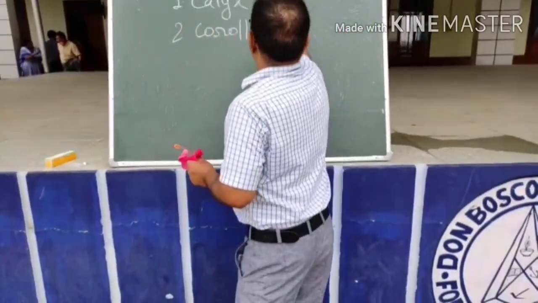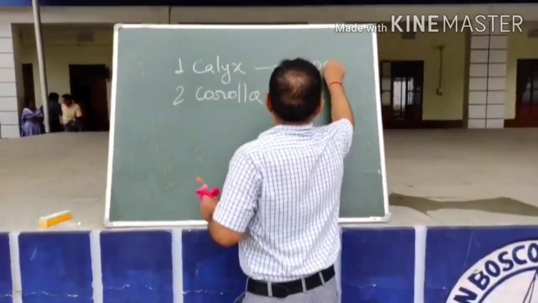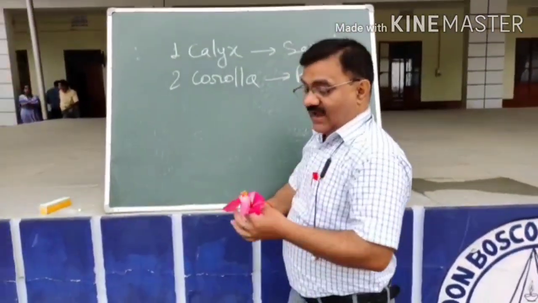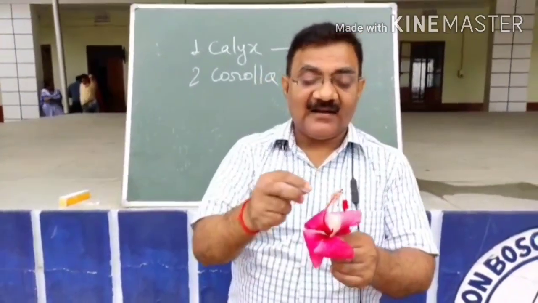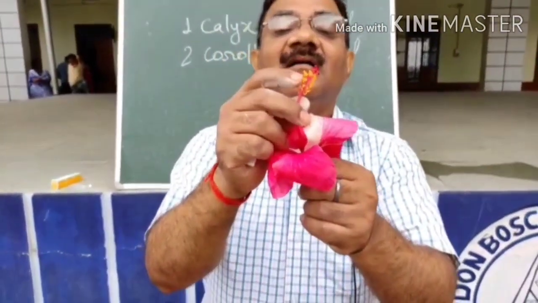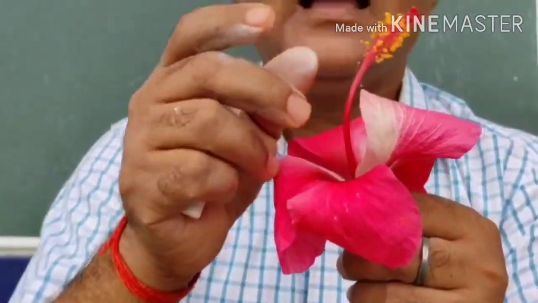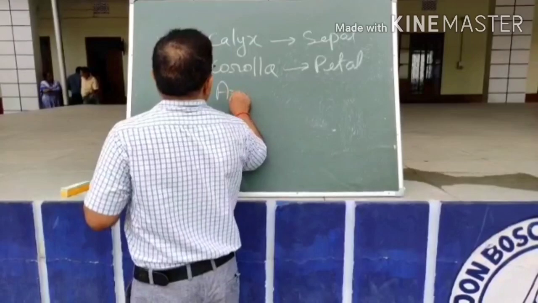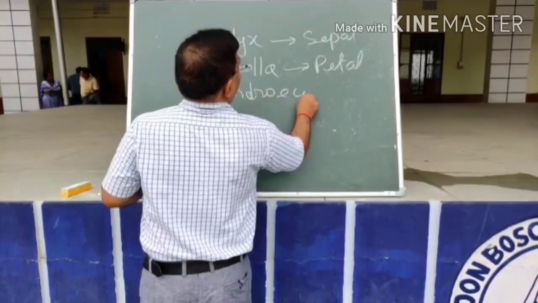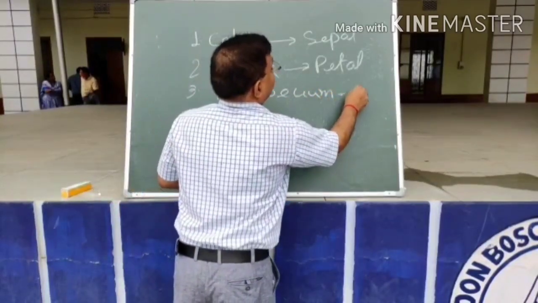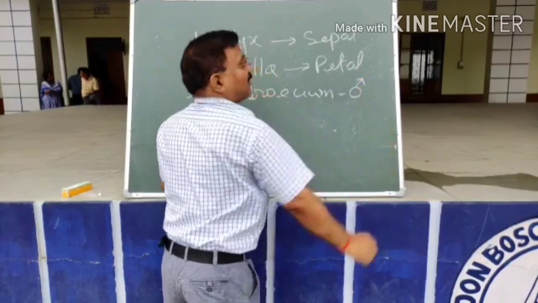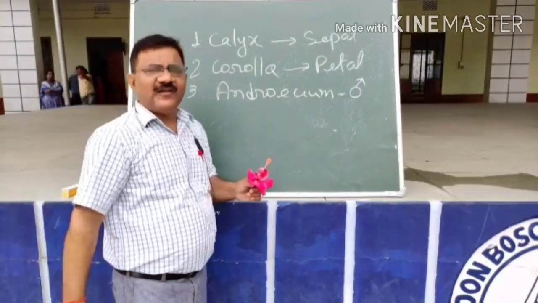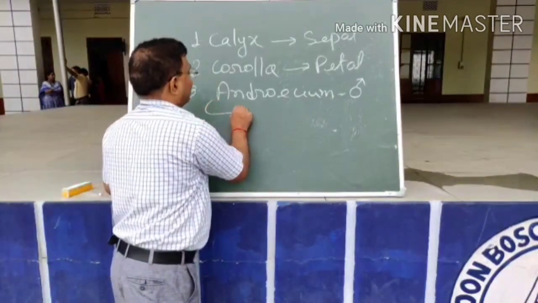And the male and female parts: you can see this yellow part. This is the male part, and the male part is called androecium. I am sure you have now understood this symbol of the male part. Male part is the androecium, and 1 unit of androecium is stamen.